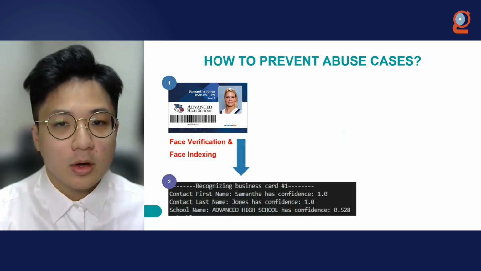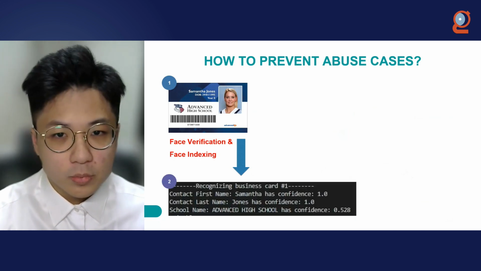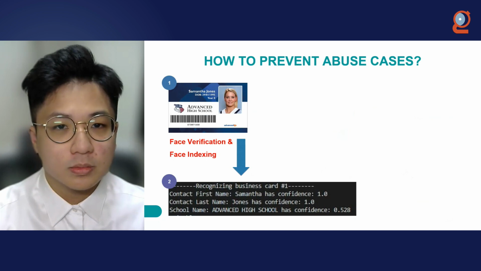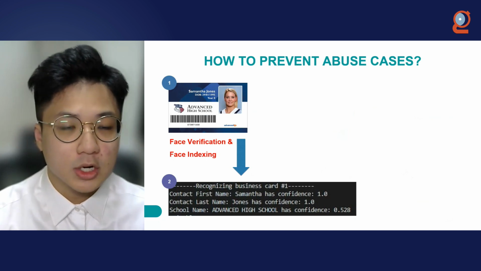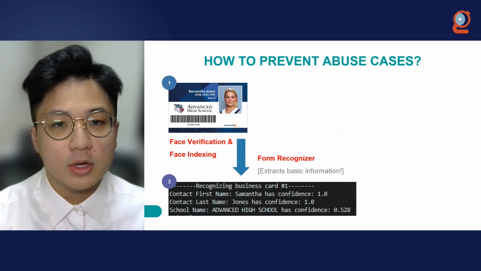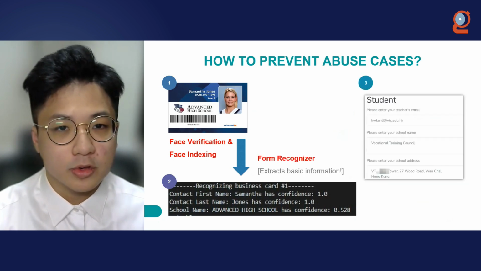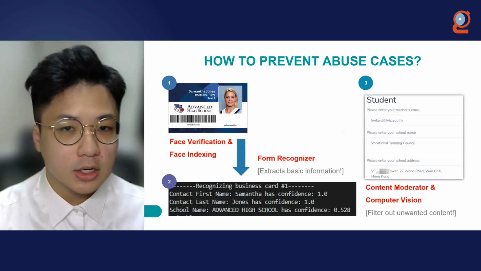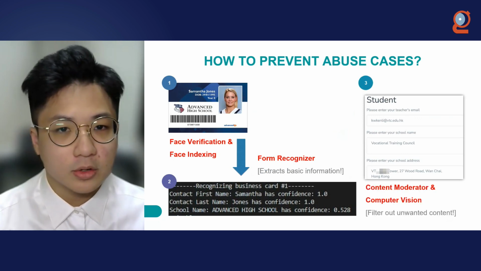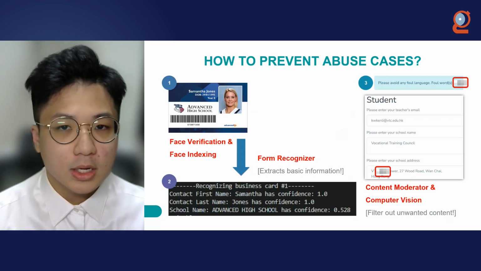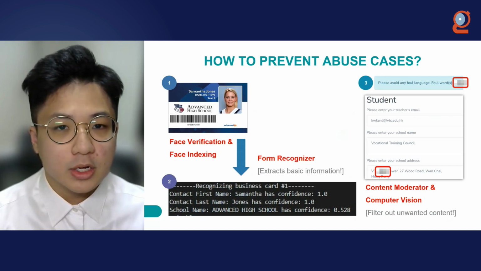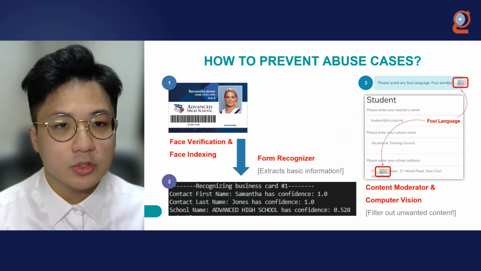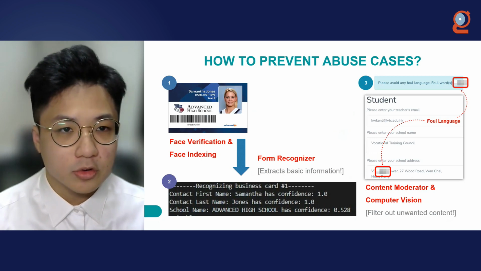For example, when the student or teacher uploads their photos, student card or teacher identity card into the system, the Face API will detect the perceived face features and attributes to check the likelihood that two faces belong to the same person. And then the form recognizer will extract the data after the user completes the registration.